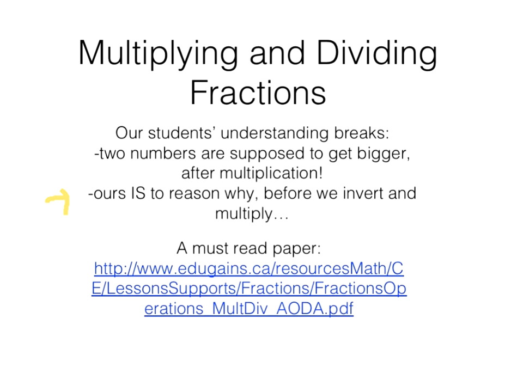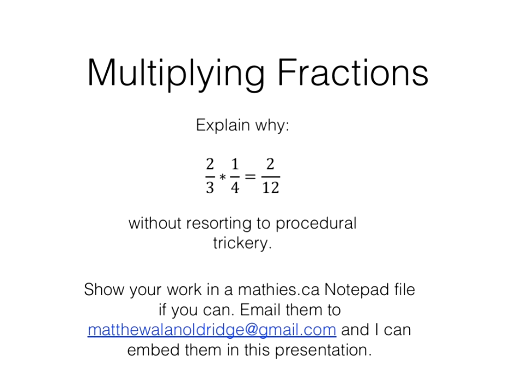So the example to illustrate this is, okay, starting with 2/3 times 1/4 is 2/12, without resorting to procedural trickery. It's not even trickery in this case. So multiply the numerators, multiply the denominators. Sure, why is that? I think in the interest of time, we'll definitely skip the maths here, so we don't need to do this.